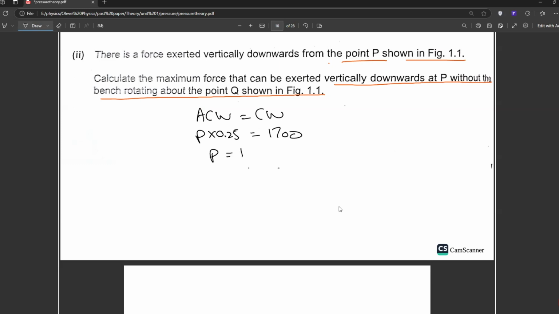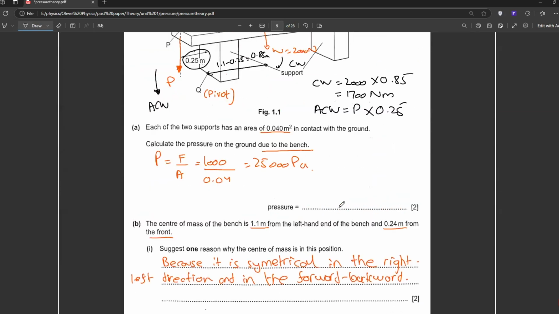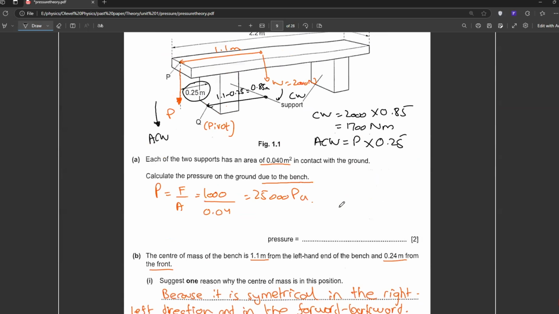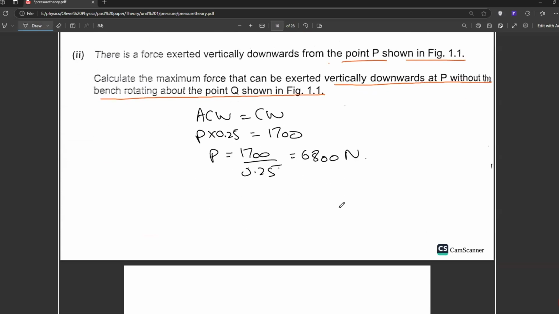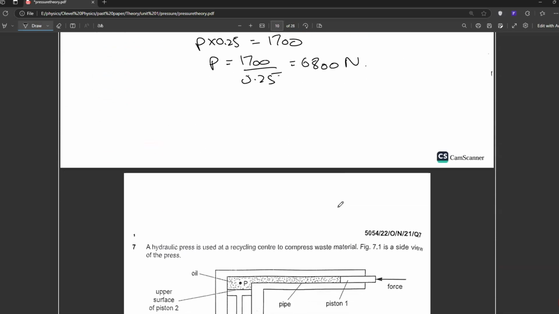P comes out to be 1700 divided by 0.25, which is 6800 Newton. This is your maximum force that you can apply. Have I taken the measurements correctly? Yes, I guess I have. This is the maximum force P. Let's move on to the next question.